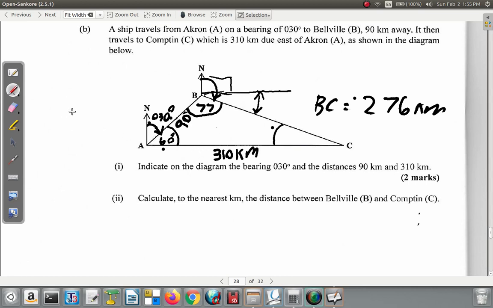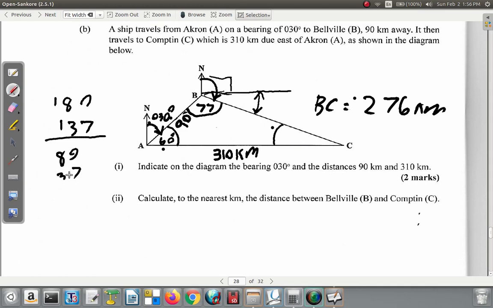So 77 plus 60, that's going to be 137 degrees. So you have 137 degrees so far. This and this add to 180. Now 180 degrees minus 137.